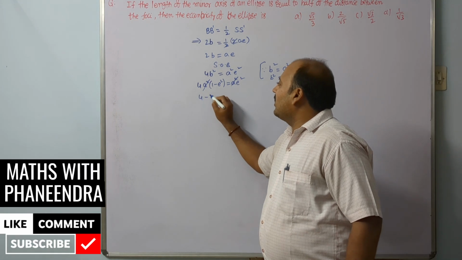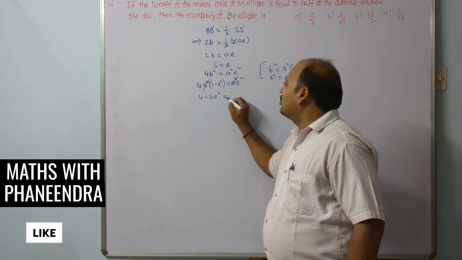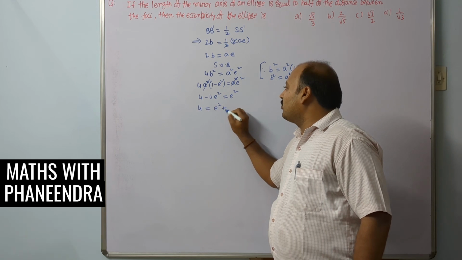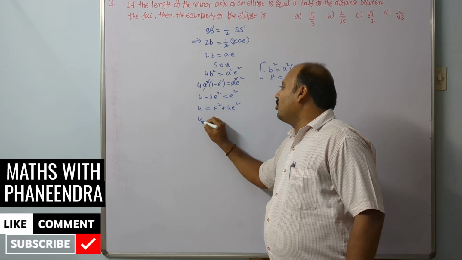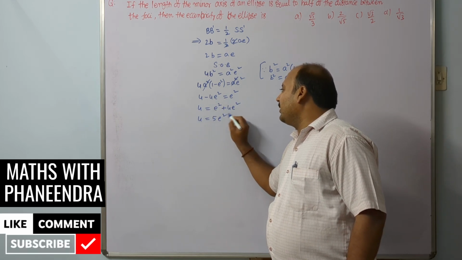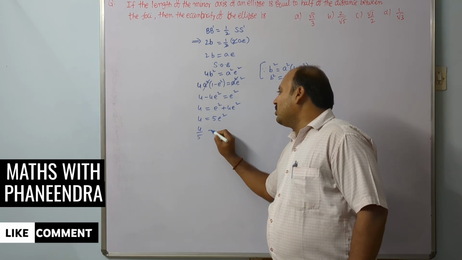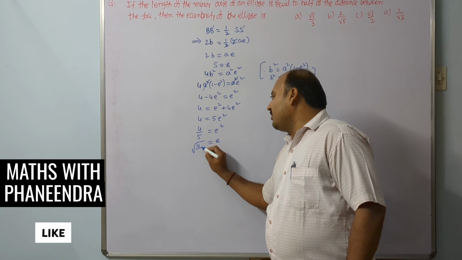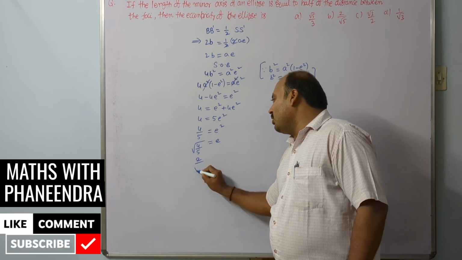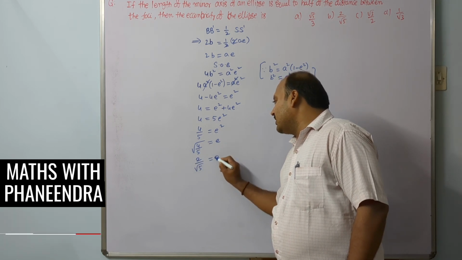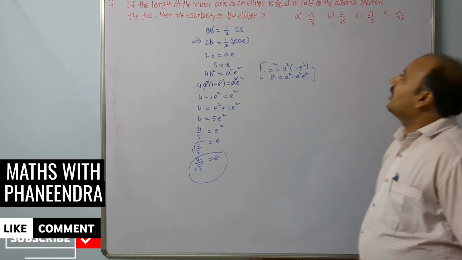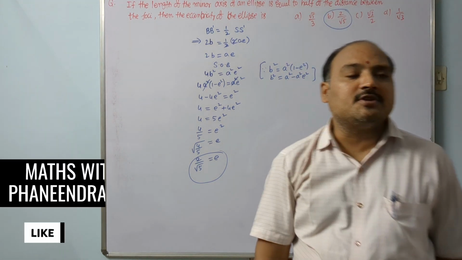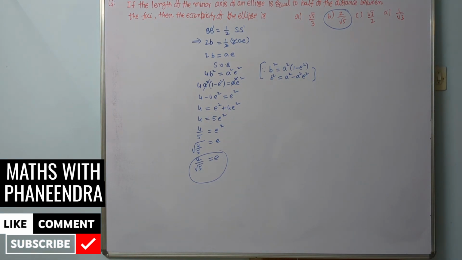Now 4 into 1 minus 4e square is equal to e square. 4 equal to e square plus 4e square. 4 equal to 5e square. 4 by 5 equal to e square. e equal to root of 4 by 5, that is equal to 2 by root 5. Therefore, the eccentricity of the ellipse is 2 by root 5. It is there in the second option, dear students. We'll move on to another question.